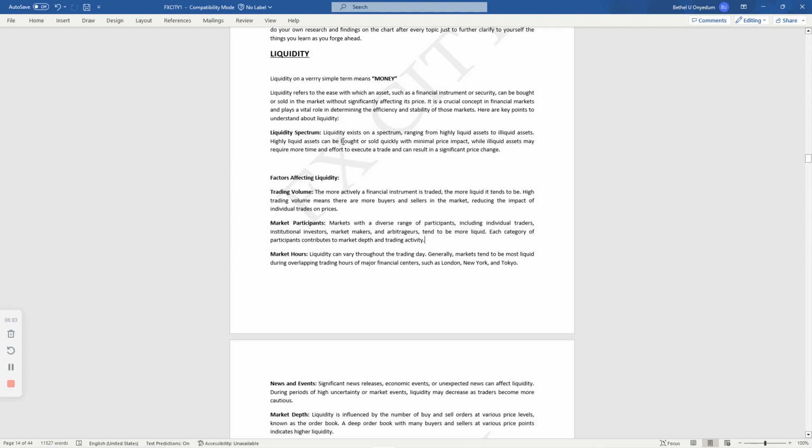Highly liquid assets can be bought or sold quickly with minimum price impact, while illiquid assets may require more time and effort to execute, and a trade can result in a significant price change.